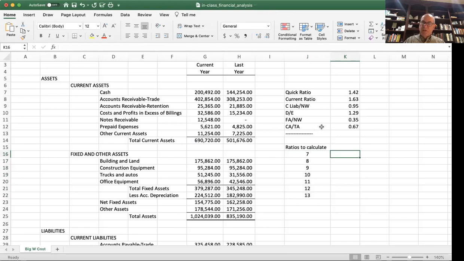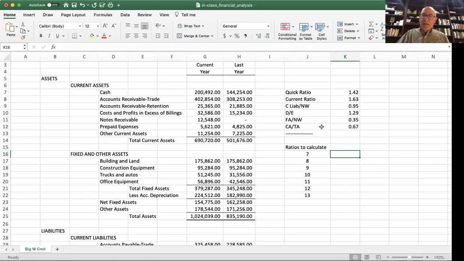These are 1 through 6 on the in-class exercise page. And so what I'd like for you to do is to calculate numbers 7 through 13. Now, I need to explain a little something about number 7 before I turn you loose here.